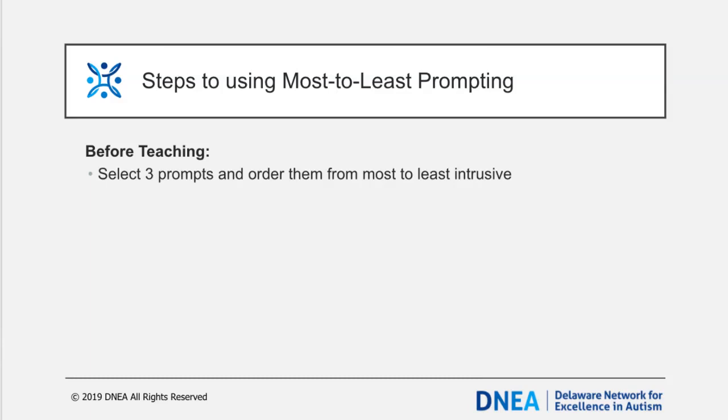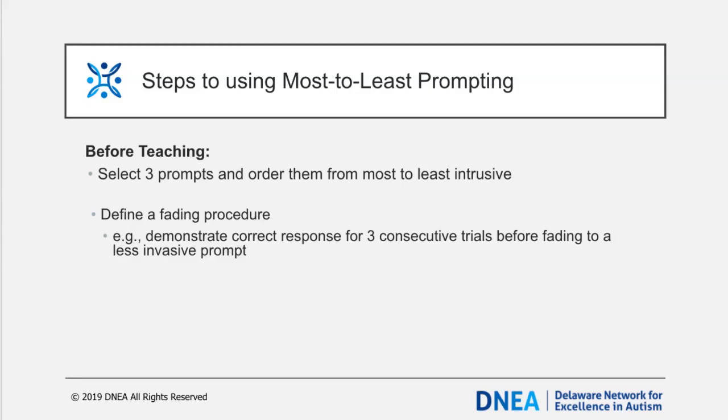Before teaching, you will want to select your 3 prompts that can be used to effectively teach the skill. Sequence them from most to least intrusive. That is, sequence them from the prompt that will provide the most assistance to that which will provide the least assistance. Then, you will define a procedure for fading these prompts over time.